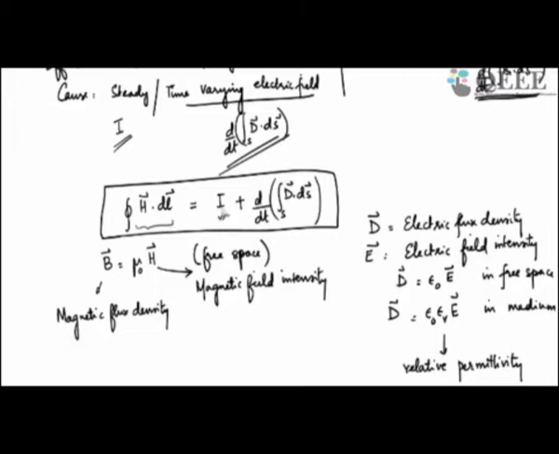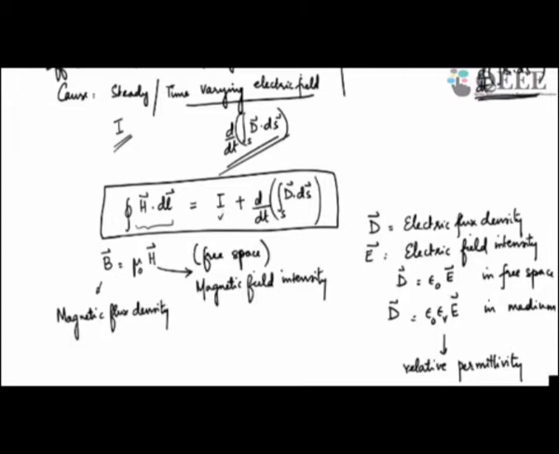The first cause of magnetic field is steady current. This is the first Oersted observation: a current carrying conductor produces a magnetic field. That is the first term. The second term comes from the parallel: if time change of magnetic field produces an electric field, it simply means that time change of electric flux produces a magnetic field. D by dt of D dot ds has to produce a magnetic field.